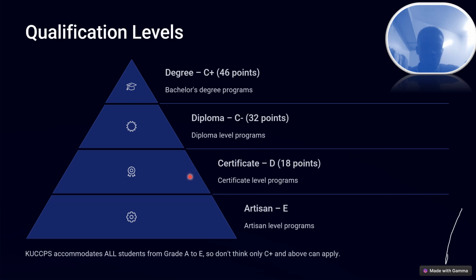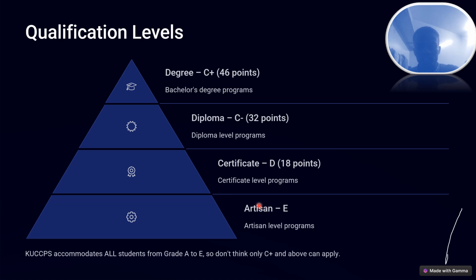Then we have those people who didn't manage to get a mean grade of C-. They can also take certificate level programs. That one is a D of 18 points. Also, Kuccps takes care of those people who feel like they didn't manage.